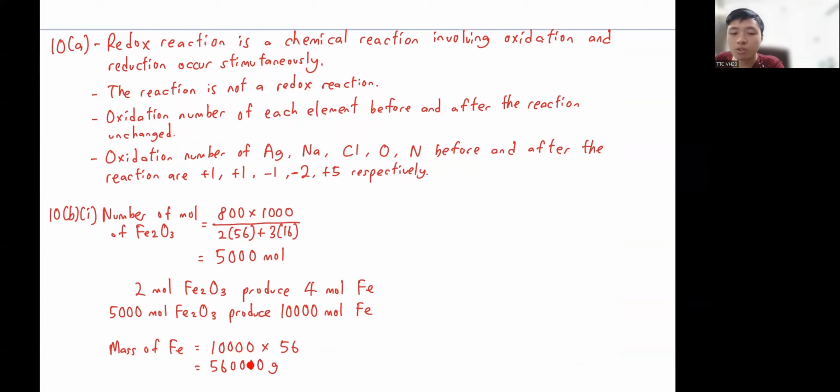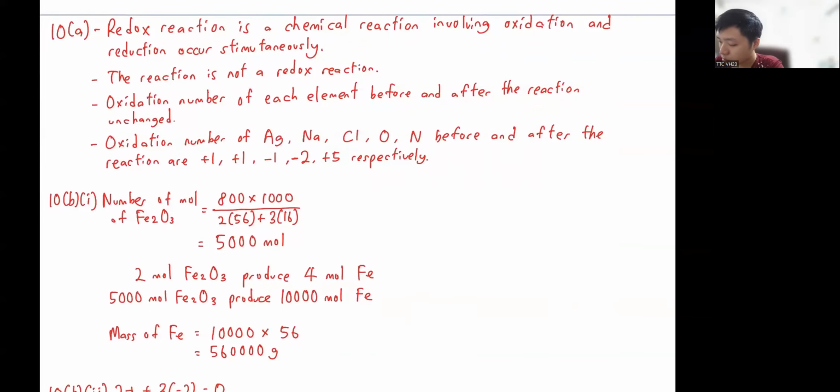Or if you don't want to write so many zeros, you can change it. Normally I don't recommend, but you can write 560 kg also. It's the B1.